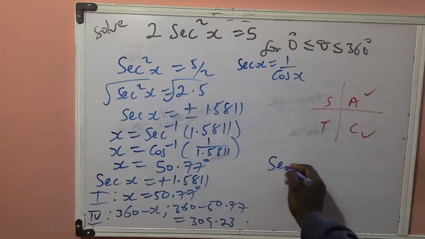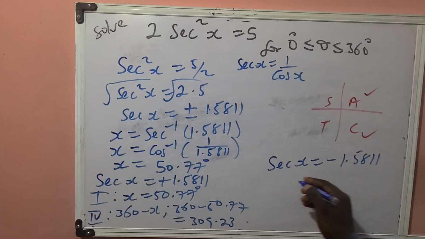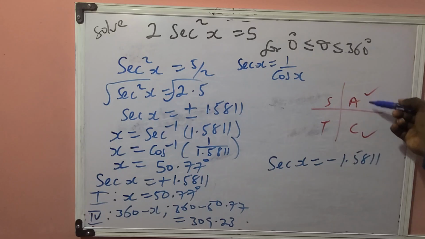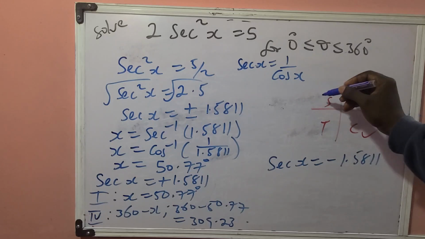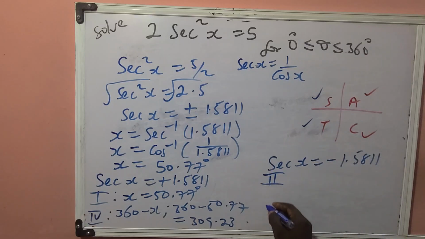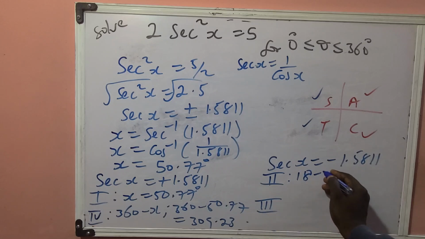But for when sec x equals the negative value of 1.5811, of course, if sec was positive in the first and fourth, that means sec is negative in the second and third. So the second quadrant and the third quadrant are quadrants of interest. The rule in the second quadrant is 180 minus x.